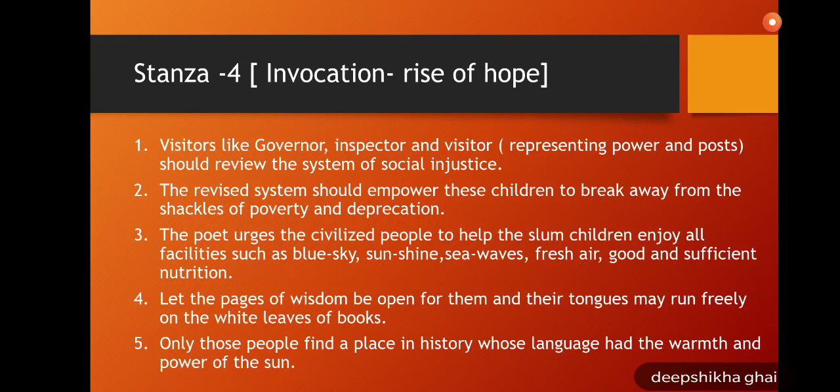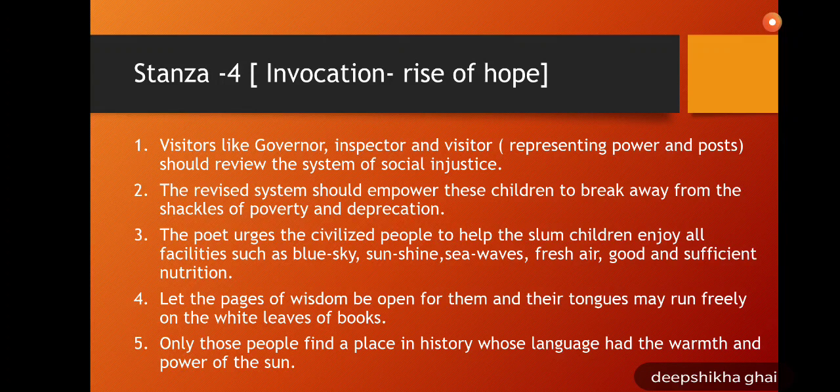The revised system should empower these children to break away from the shackles of poverty and deprivation. This particular system should bring them out of poverty, should bring them out of being deprived of things. It should give them at least a good facility to get good education.